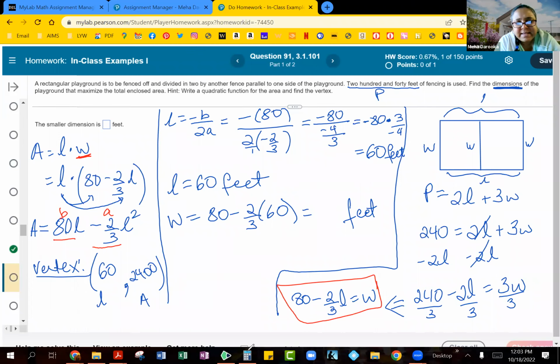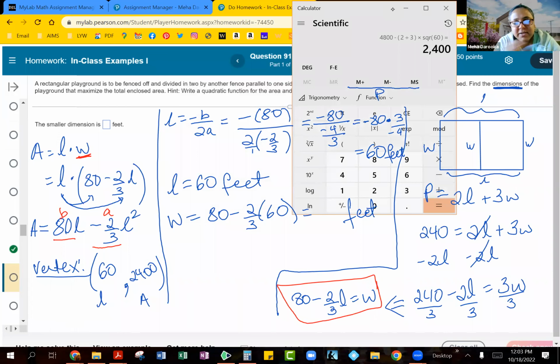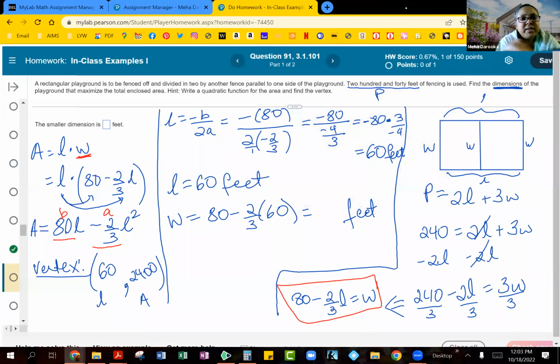So basically, as you can see, and I move this guy here. So you would end up doing 80 minus, and then again in parentheses, I'll do the 2/3 and then multiply the 2/3 by our 60 feet. And you will see that comes out to be 40 feet for our width in this case.